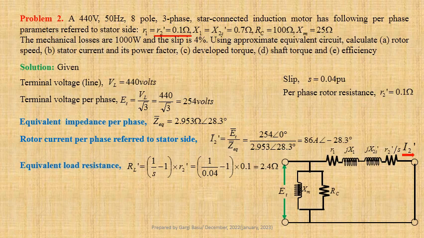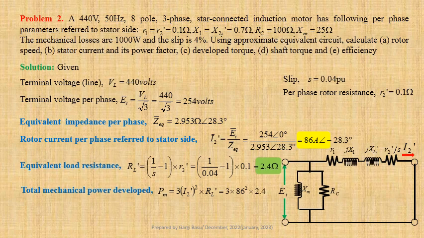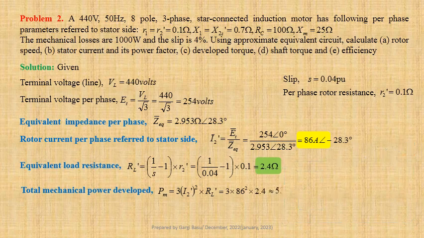For three-phase induction motor, total mechanical power developed PM equals 3 times I2 dash square into RL dash. Using values we get 3 into 86 square into 2.4, which is approximately equal to 53,251 watts.